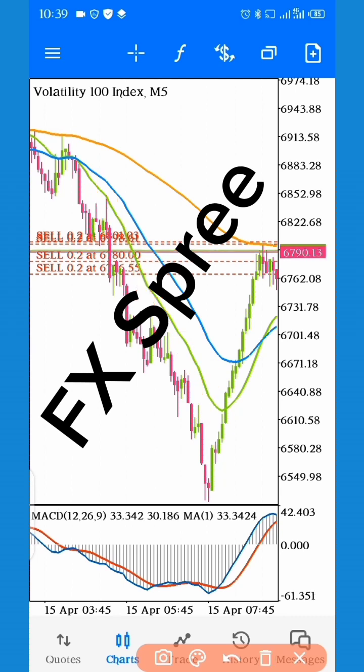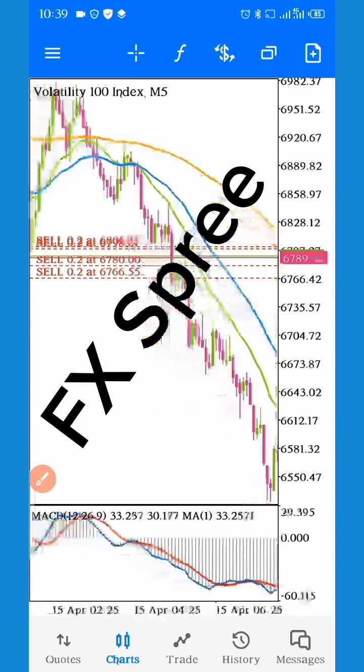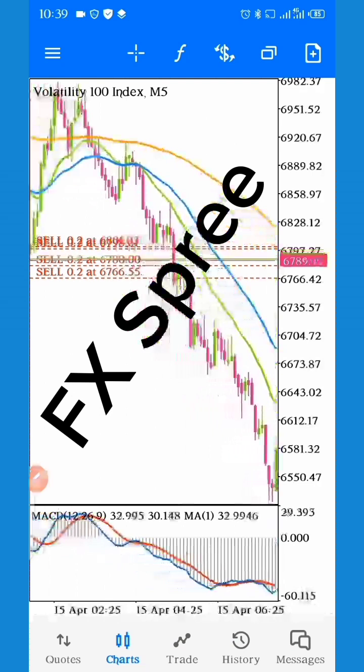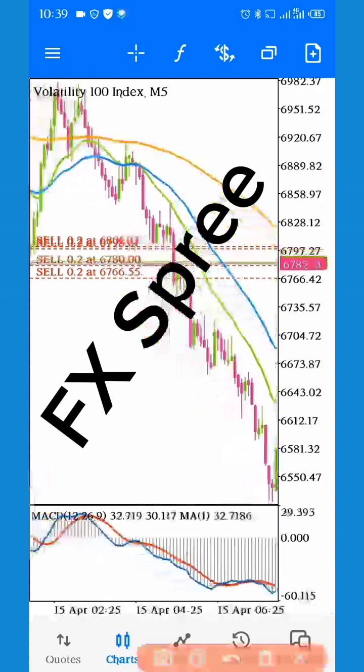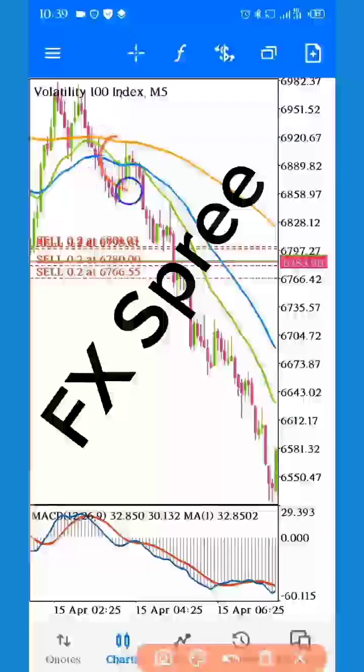So now, when you look at this chart very well here, what you take note of is this. Make sure at first, when the movement is bearish, check where you have a crossover like this.